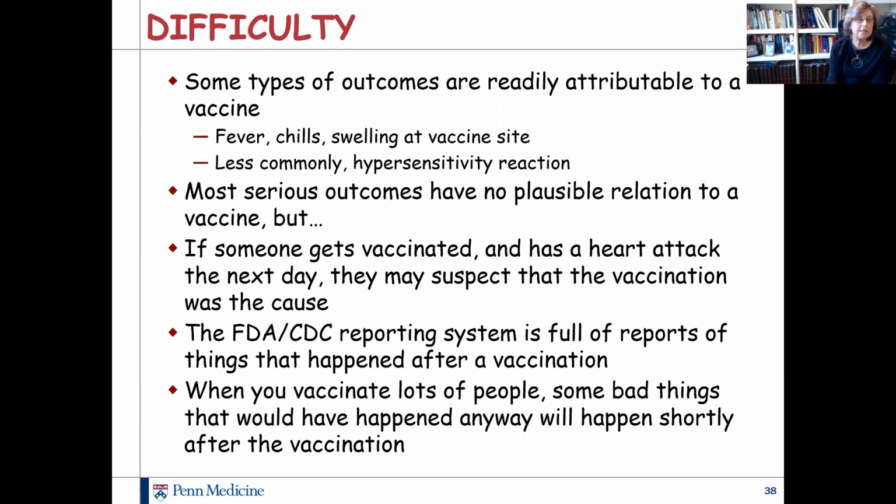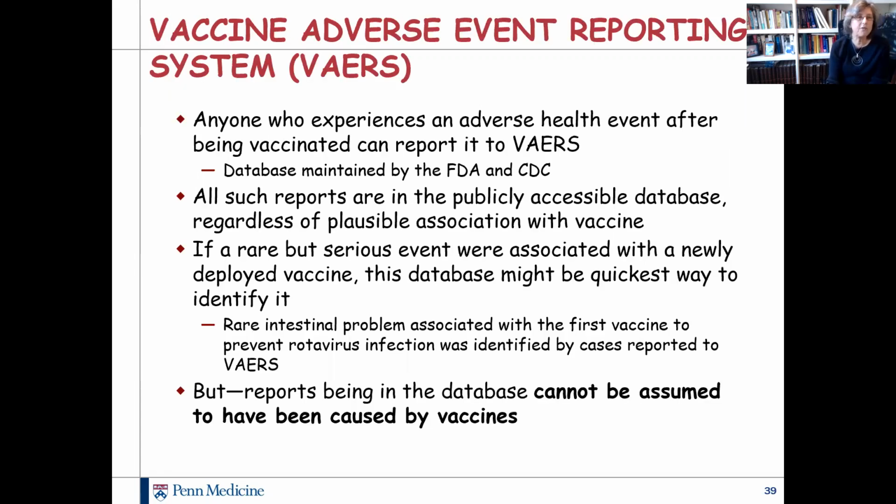The FDA and the CDC have a reporting system that's full of reports of things that happened after vaccination. That's called the Vaccine Adverse Event Reporting System. Some of you may be familiar with this. Anyone who experiences an adverse health event after being vaccinated can report it to VAERS. This database is publicly accessible. It's not edited. Whatever's reported goes right into the database.